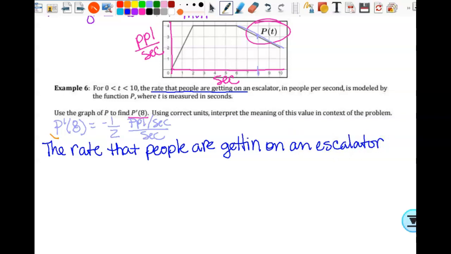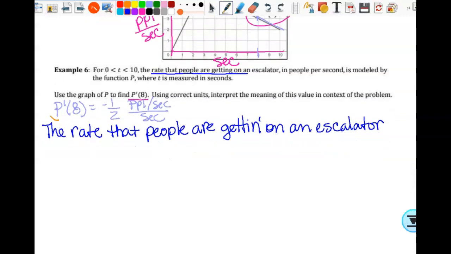Okay, that's a lot of words, I know, but it is what it is. You know what I mean. It's okay. This is not English class. We're fine. The rate at which people are getting on an escalator, is it increasing or decreasing? Decreasing. Is decreasing.